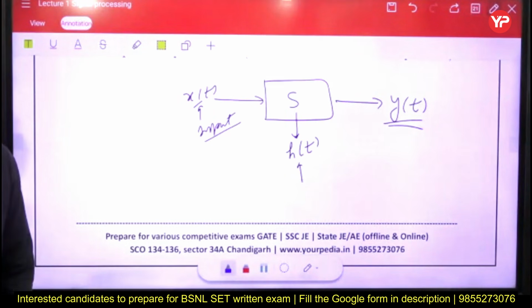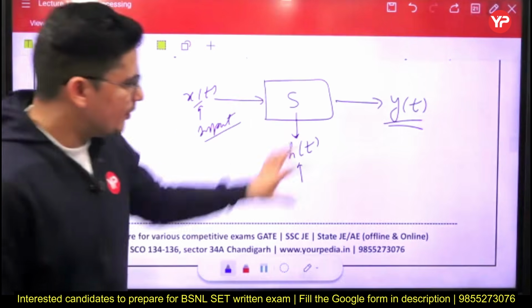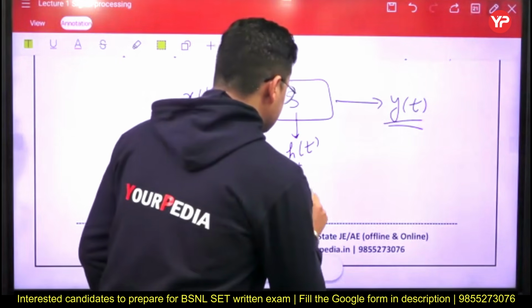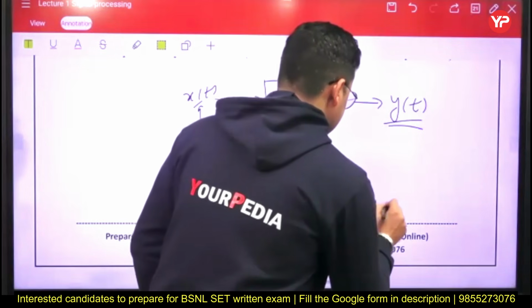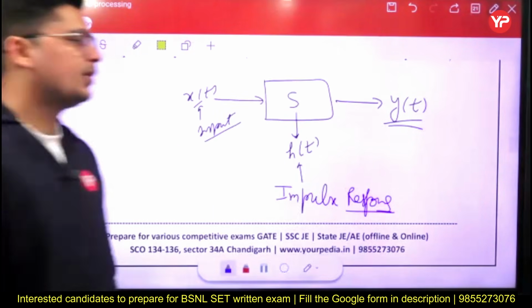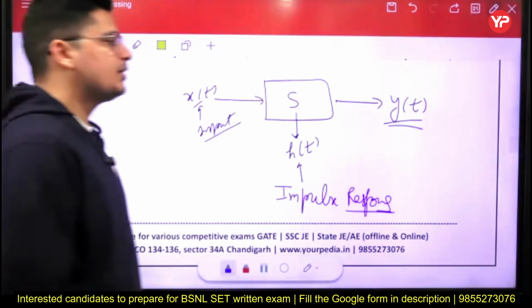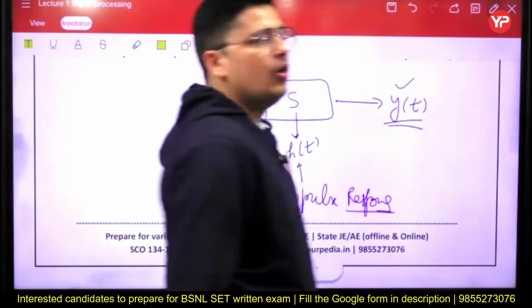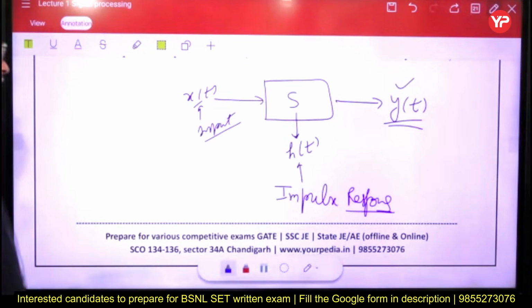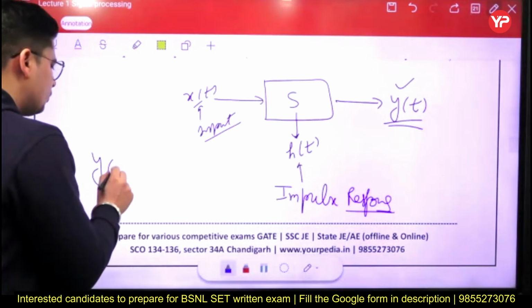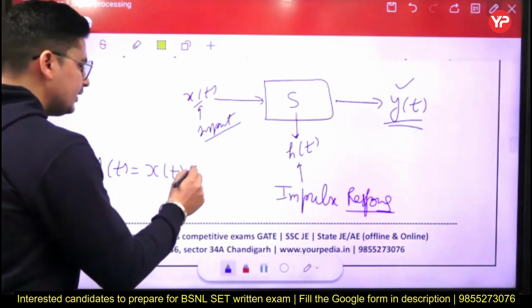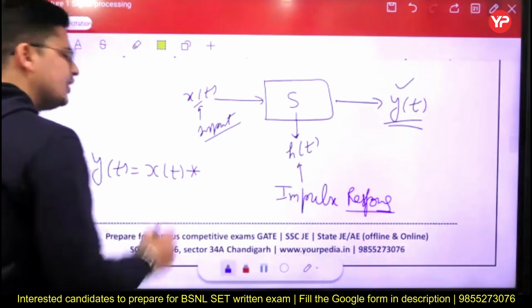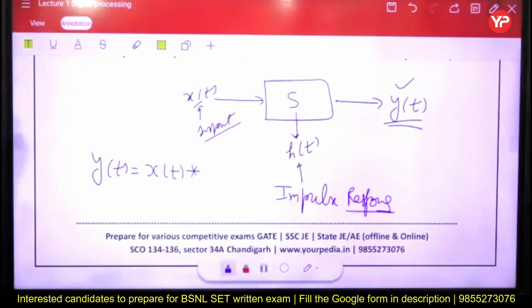Should I repeat? Understood? So basically this is the input, and this is the impulse response of this system. Then the output of this system is y(t). The output y(t) will be equal to x(t) star h(t). This star is not multiplication, it is convolution.